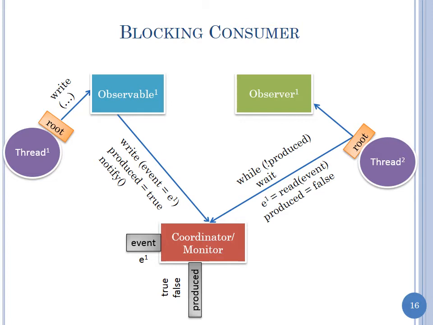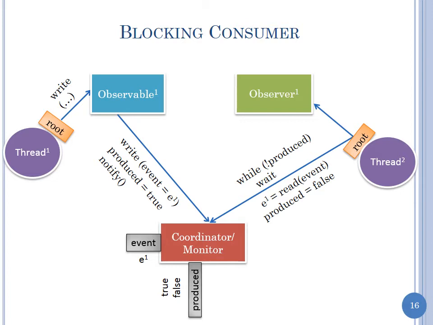We want to make sure that the next time the consumer calls this code again, it should block, right? Because it just unblocked. It consumed the event. It may come right back and execute this code again after notify. So we have to slow it down. So this is our way of slowing it down.